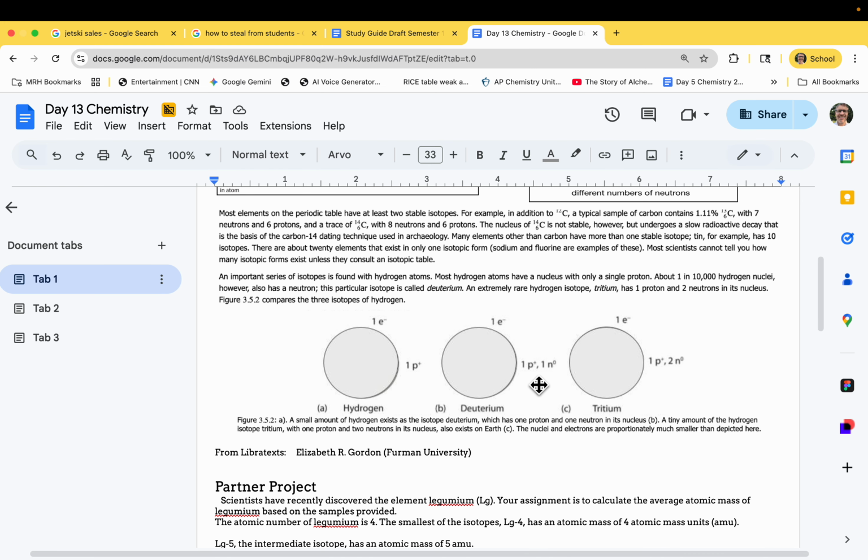So deuces is 2, a mass of 2, 1 proton and 1 neutron. The third isotope of hydrogen is tritium, which has a mass of 3, composed of 1 proton and 2 neutrons. So 1 plus 2 here is a mass of 3, which corresponds to the isotope tritium.